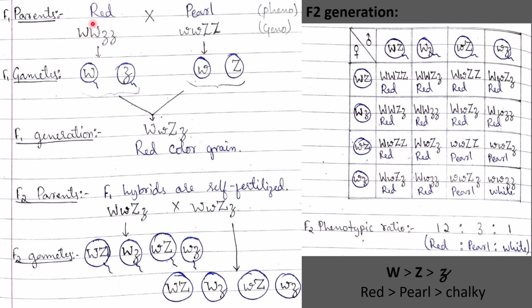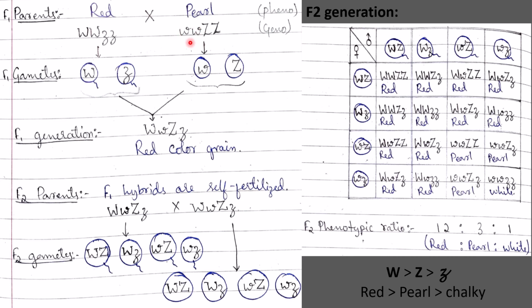So the F1 parents are like this. The phenotypes are already given in the question, that is red and pearl. These two varieties were crossed. Now while taking the genotypes, it plays a most important role here. So pearl. If I need a pearl variety, then I'm sure that there should be no functional W allele here.